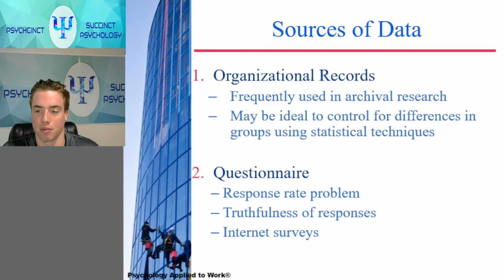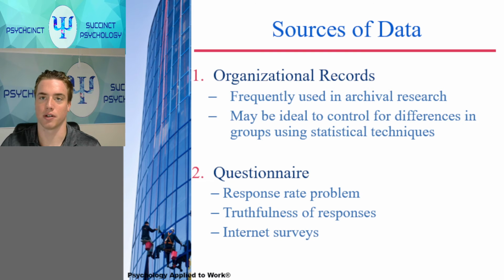So, questionnaire, response rate problem. That refers to the fact that you can give out a million questionnaires, but how many people are going to respond to your questionnaire? That's a problem. Truthfulness of responses, whether or not people are being truthful in their response. You give somebody a questionnaire asking, do you have thoughts of hurting somebody?